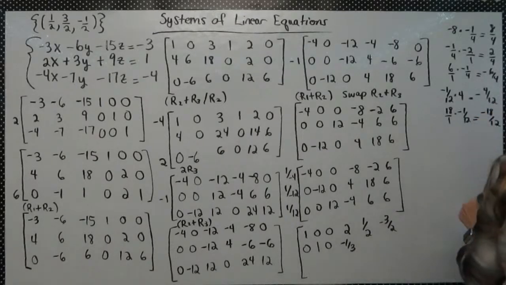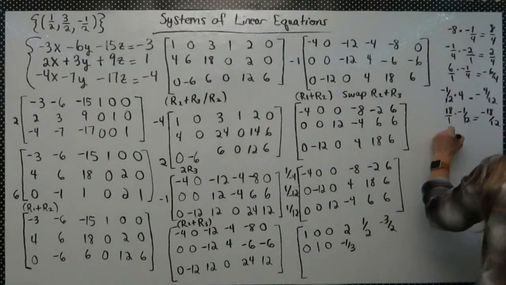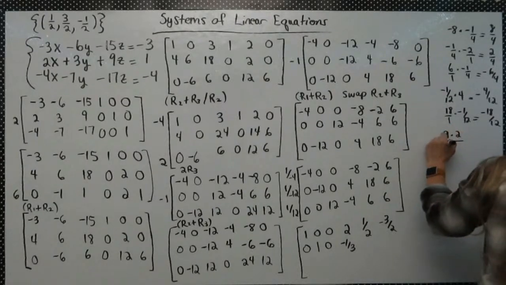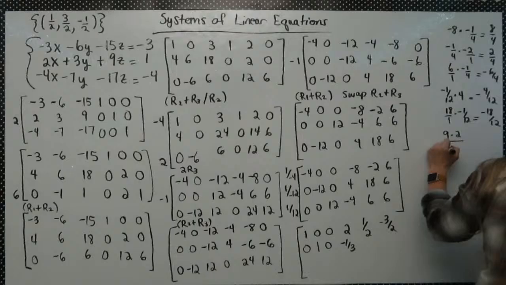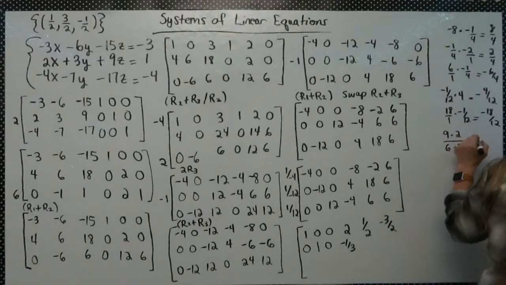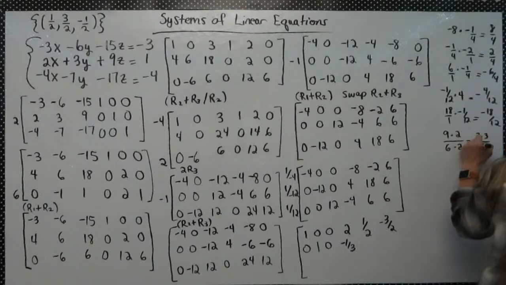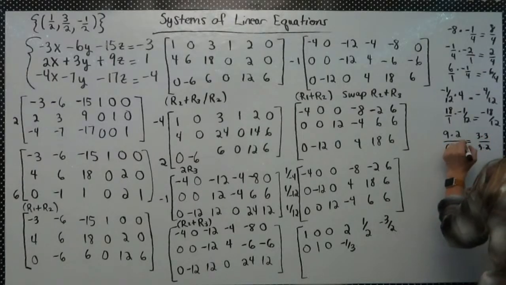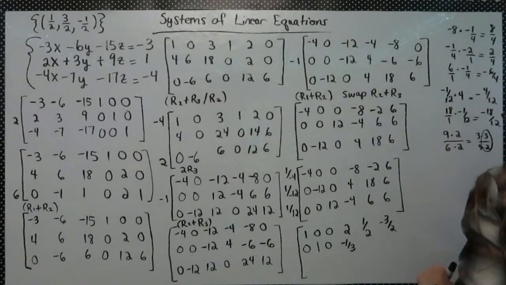And let's see, we've got 9 times 2 over, that's 6 times 2. And reduce it down one more time, 3 times 3 over 3 times 2. So we got 3/2 here.